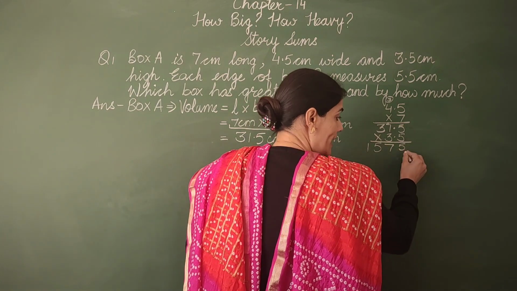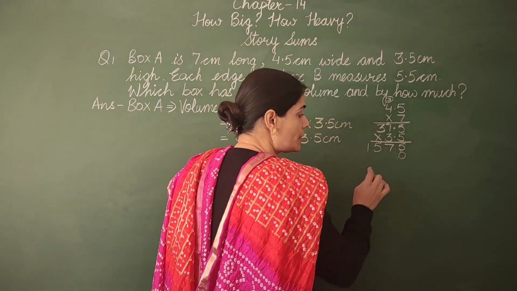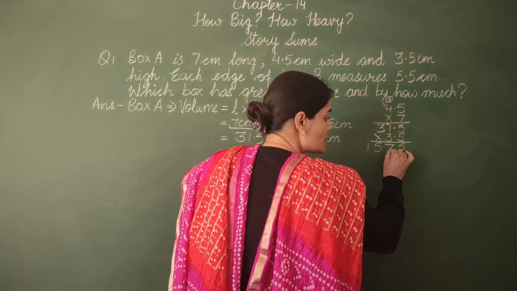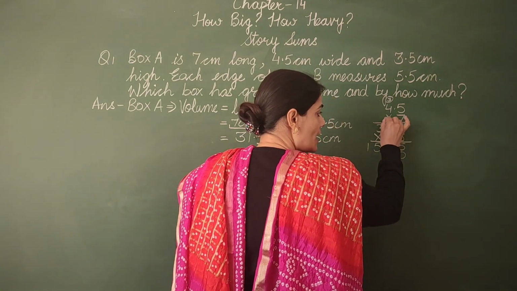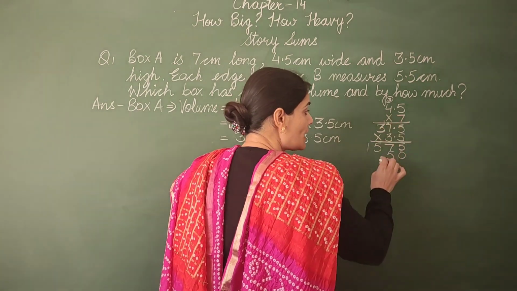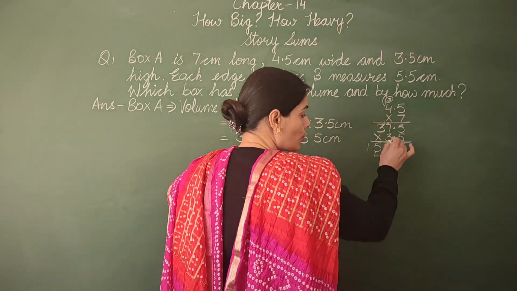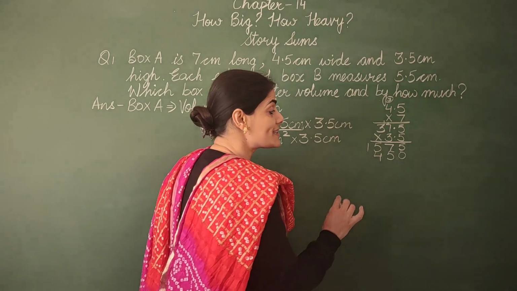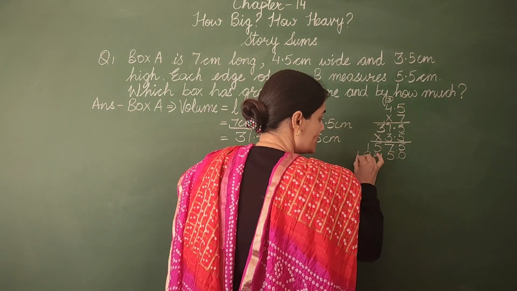Now I move to the next step and I put a 0 here. 3 times 5 is 15, 5 I write and 1 I carry. 3 times 1 is 3, 3 plus 1 is 4. 3 times 3 is 9 and I write here 9.